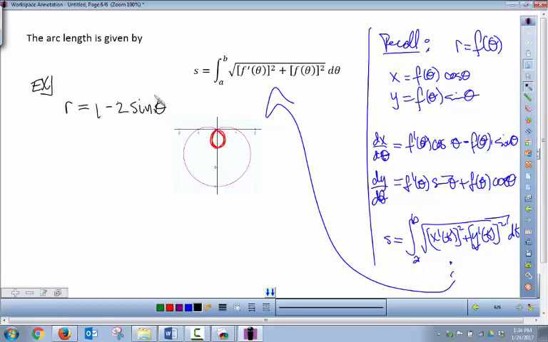So let's see if we can find that little piece that goes into the heart. Now, what is going to be your biggest problem here? We have f equal to 1 minus 2 sine theta, and so the f prime is going to be just as easy. So our difficulty for this problem will be trying to find the limits.